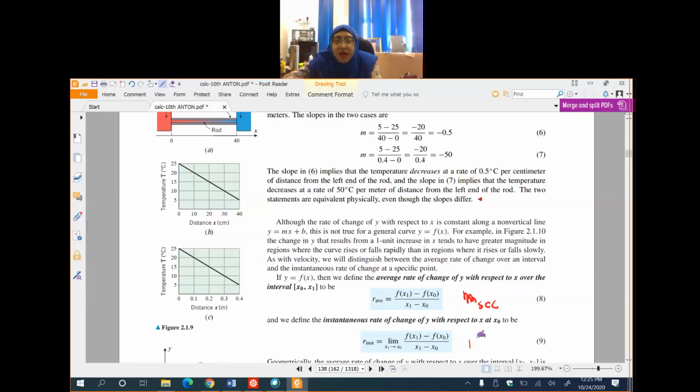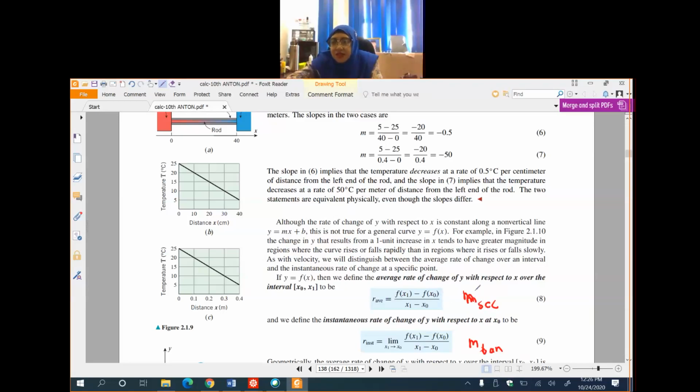And for the instantaneous rate of change, we have m, sorry, this is not m instantaneous. This should be m tangent, the slope of the tangent line.